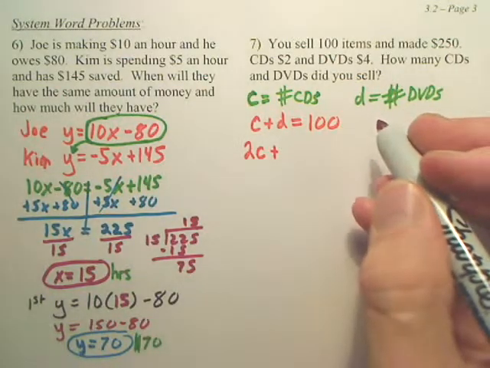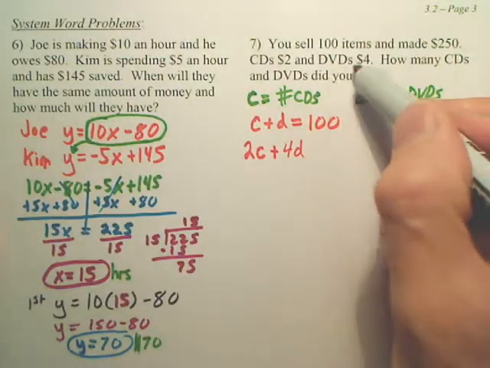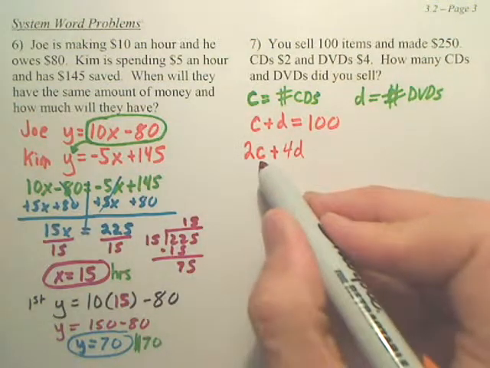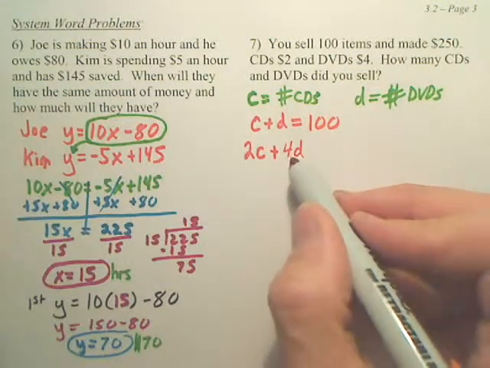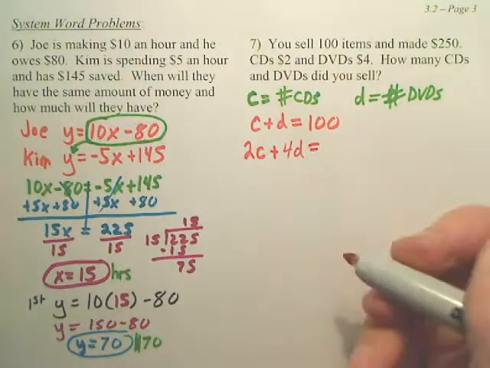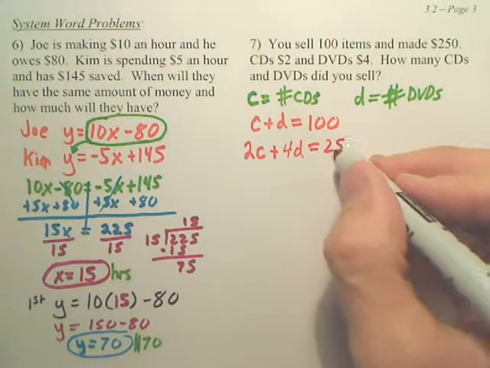How do I write how much I made off DVDs? It would be 4D, because aren't DVDs $4? So 2 times the number of CDs plus 4 times the number of DVDs, how much money should that add up to? Right there. Should add up to 250 bucks.